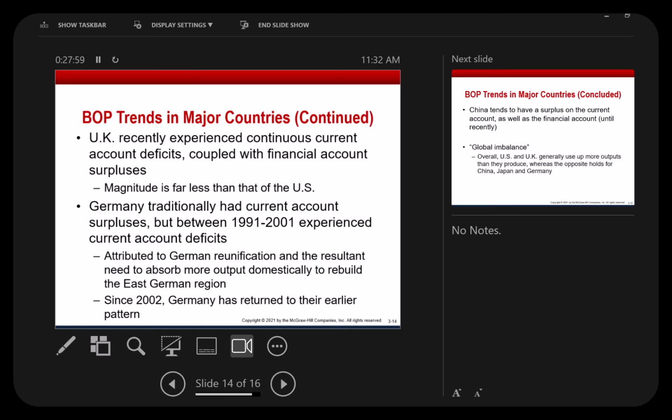Yes, reunification. As the Soviet Union fell, the formerly East and West Germany, or as their official names, Federal Republic of Germany, FRG, and DDR, Democratic Republic of Germany, they unified. Of course, East Germany was rather poor, so they had to do a lot of investments there, which means Germany had to import quite a bit.